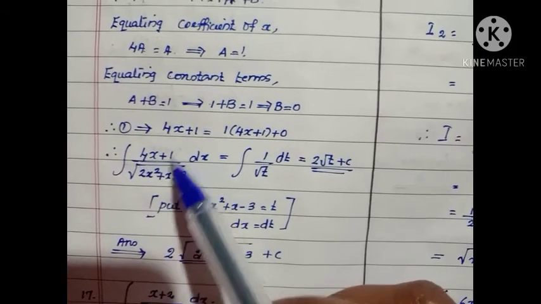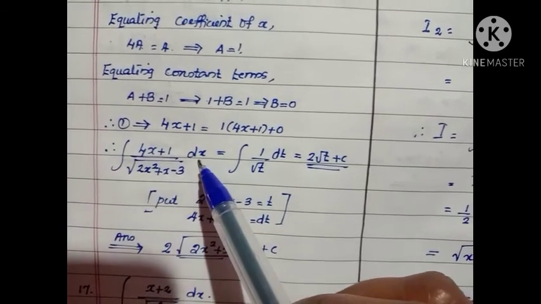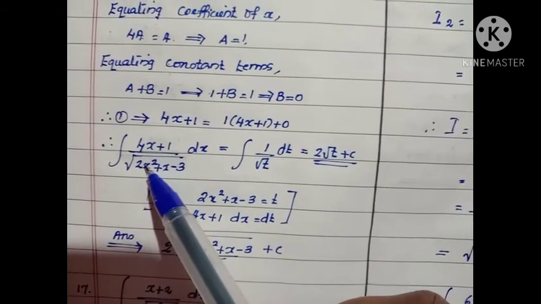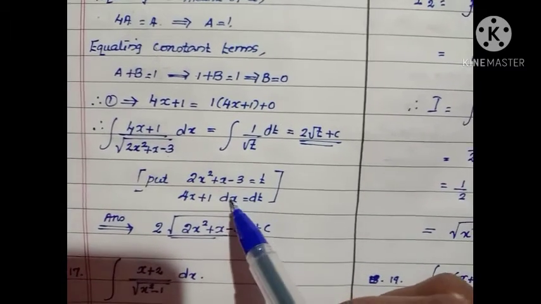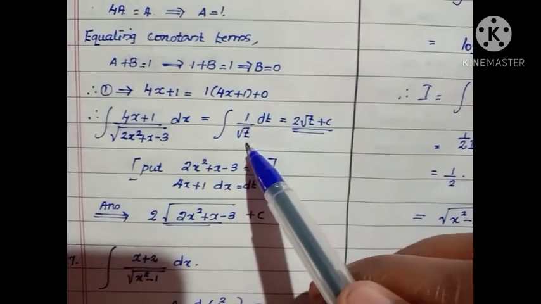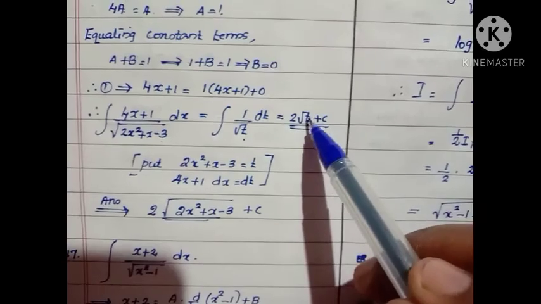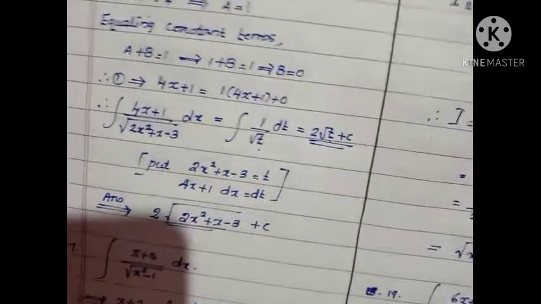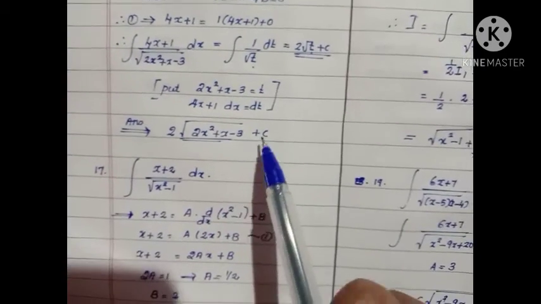So integral of 4x plus 1 by root of 2x square plus x minus 3 dx becomes, put 2x square plus x minus 3 as t. We can see that its derivative becomes dt, and therefore the integral reduces to 1 by root t. Then integral of 1 by root t is 2 root t. Again replace t. So we have our final answer 2 into root of 2x square plus x minus 3 plus c.